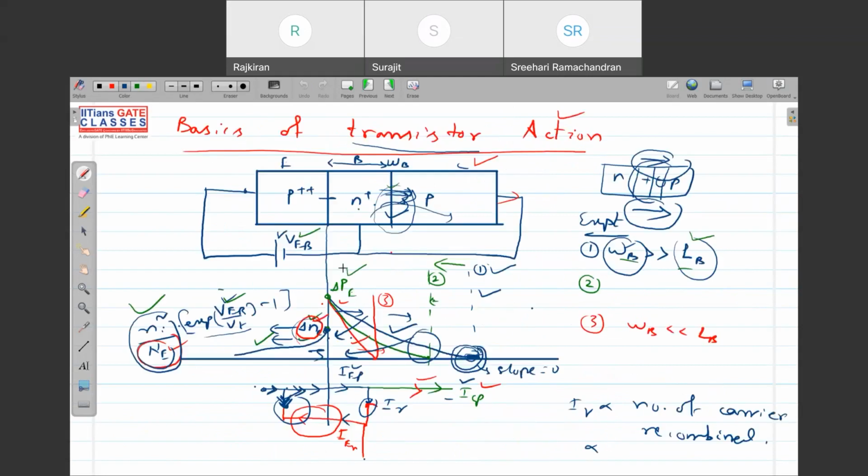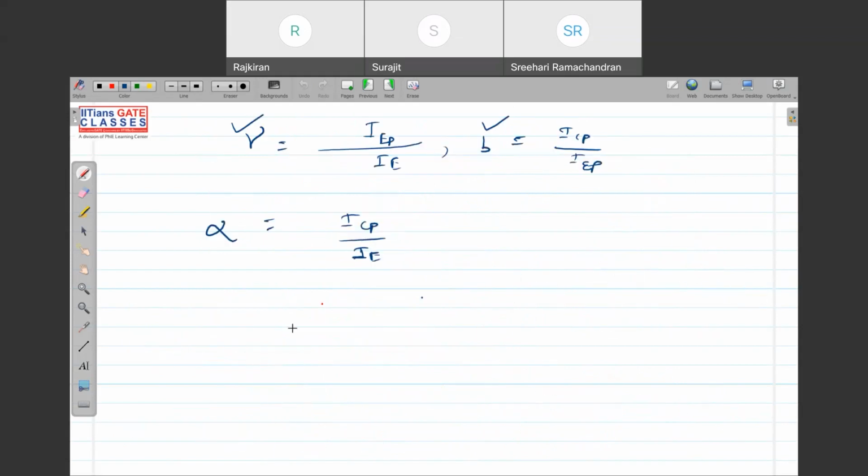So what is alpha? Emitter injection efficiency is IEP by IEP plus IEN. Base transport factor is ICP by IEP. Then ICP by IE is alpha, which is equal to IEP by IE into ICP by IEP.